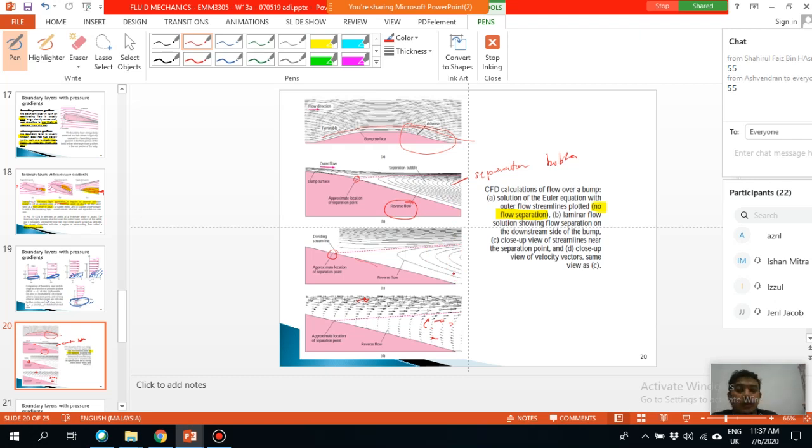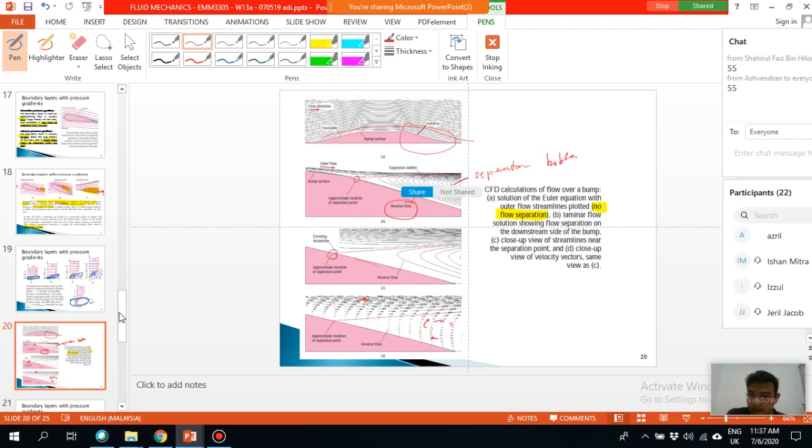We want to reduce the effect of reverse flow, because especially in an airfoil it will give you a lot of drag. It's not a good thing. So we try to reduce this reverse flow by changing, for example, the design of the airfoil, in order to push the separation point towards the end instead of on the airfoil.